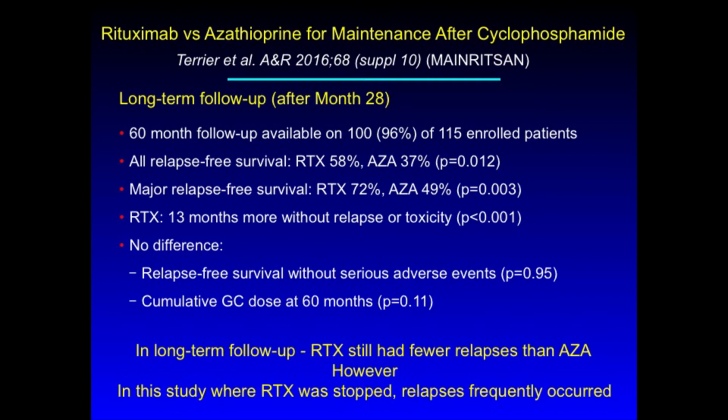In this study, at the primary endpoint, which was a major relapse at month 28, rituximab was associated with a lower rate of relapse compared with azathioprine. But questions remain in terms of how the dose reduction impacted azathioprine, and what do we do with rituximab after these 18 months?